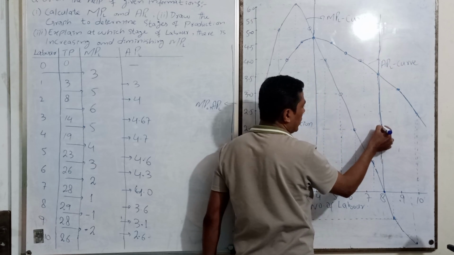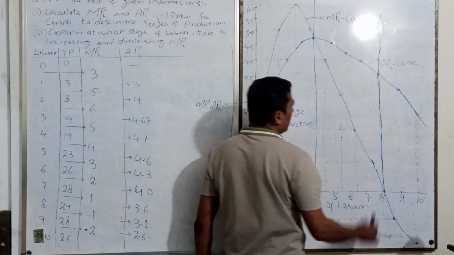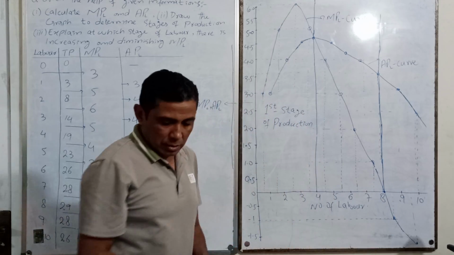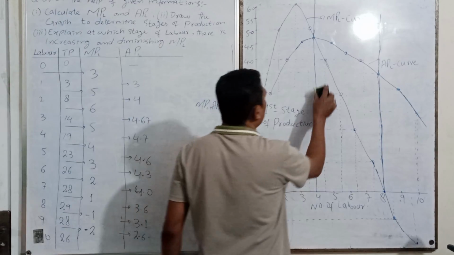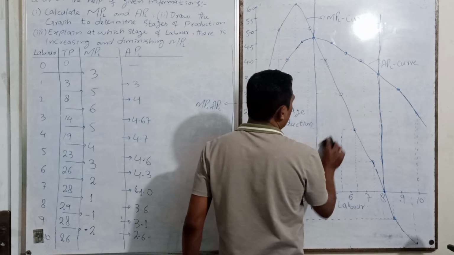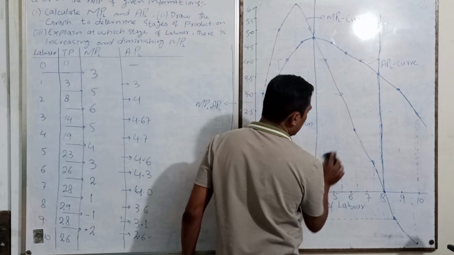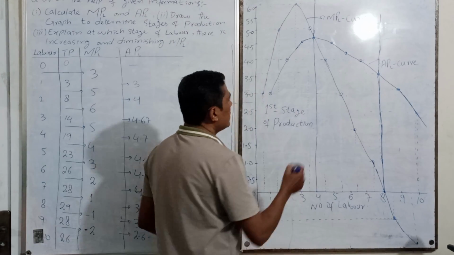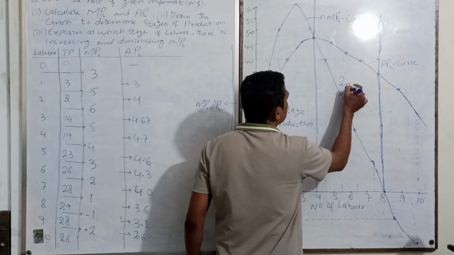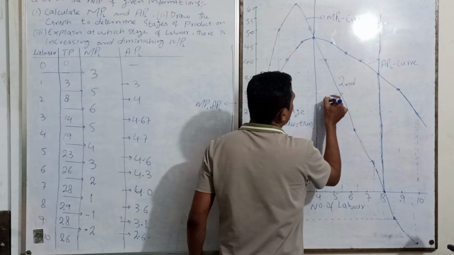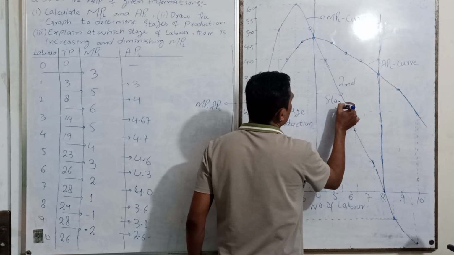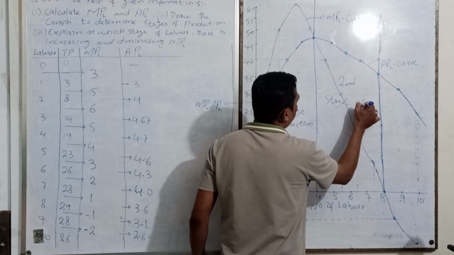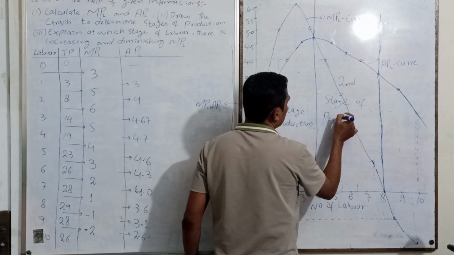This vertical line represents the second stage of production.